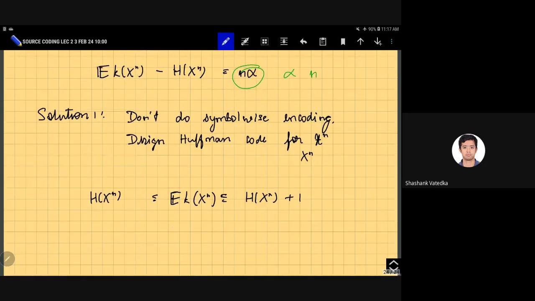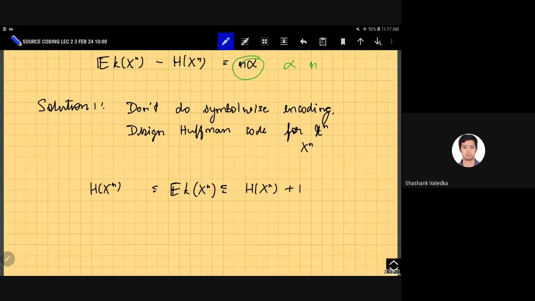And so that is great. We're almost close to the entropy. It's a gap of almost 1 bit away from entropy, and this is fine. So the larger n is, the closer you get to h of xn. So the rate, in fact, tends to h of xn by n.